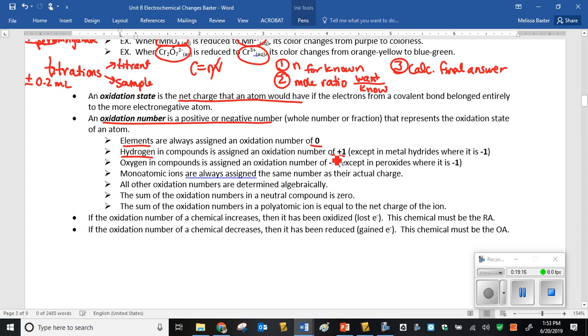Hydrogen is +1 except in metal hydrides. So for example, something where there's a metal first and then hydrogen in the compound. Oxygen is -2 except in peroxides like H2O2, where it's -1.